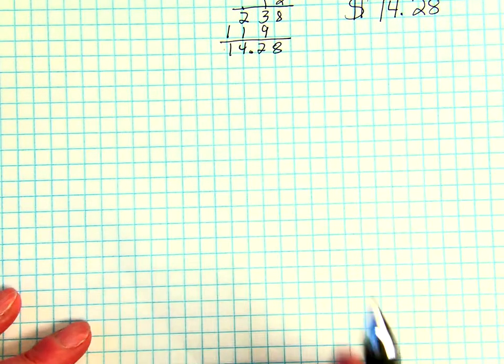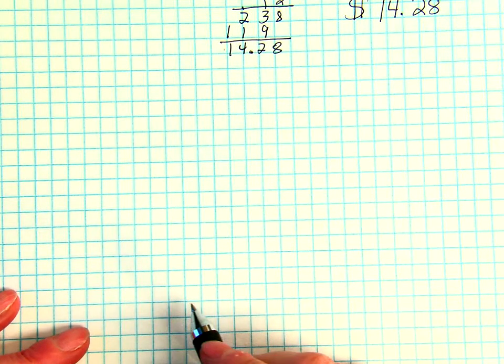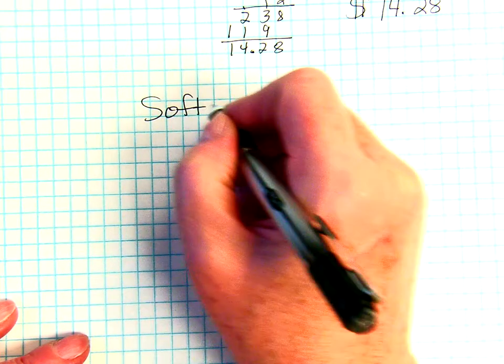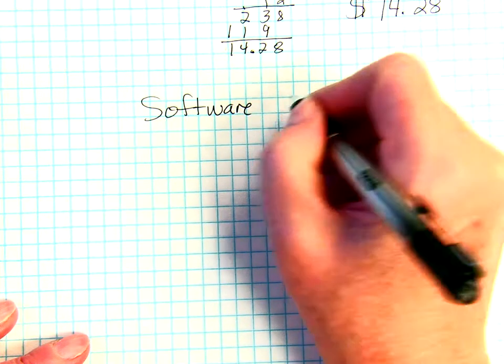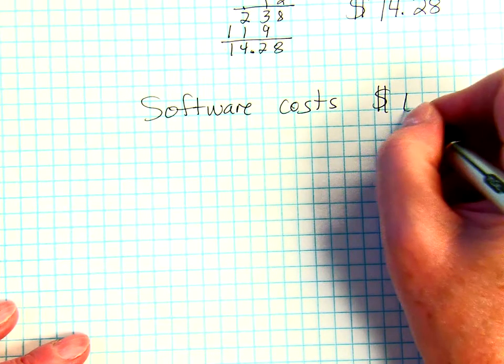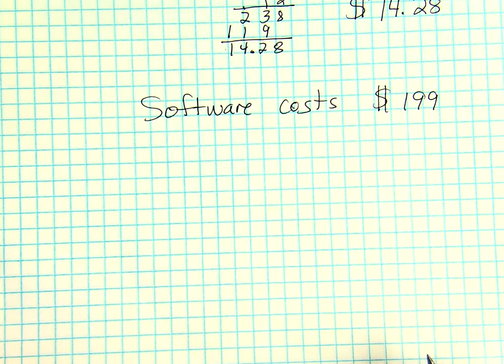And our next problem is, suppose you buy a word processing software package for $199. So our software costs $199. Really would have been so much easier at $200, but oh well.